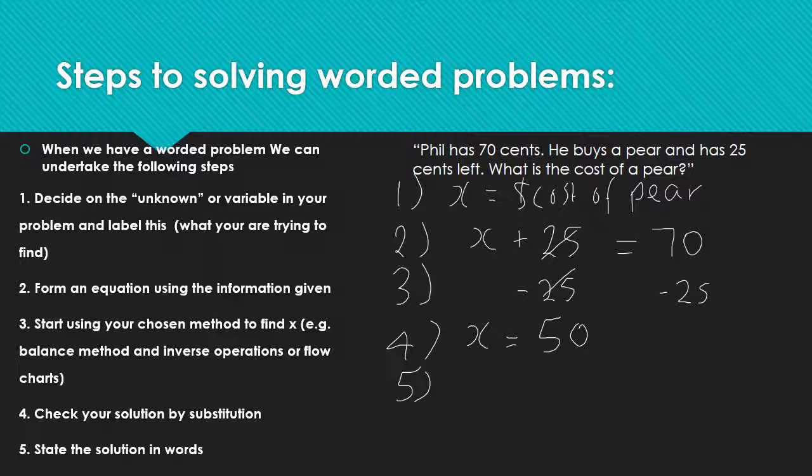Second last step already. Look at that. So check by substitution. Let's substitute x equals 50 into our original equation. Does 50 plus 25 equal 70? 50 plus 25 does indeed equal 70. So we are correct.